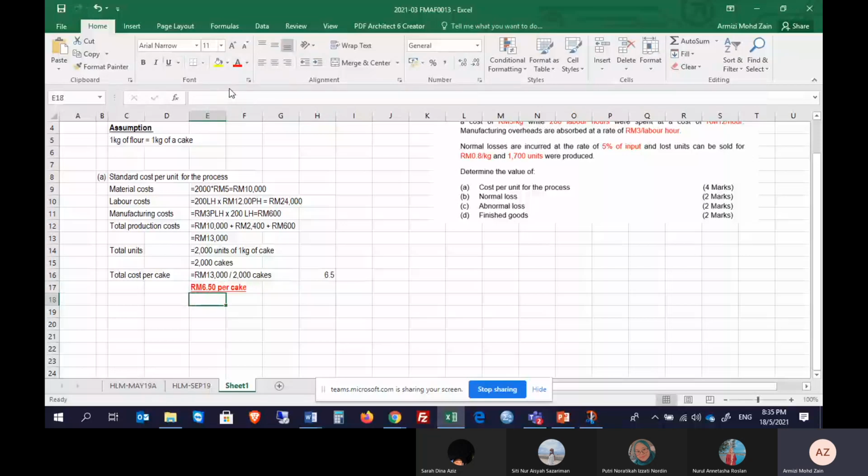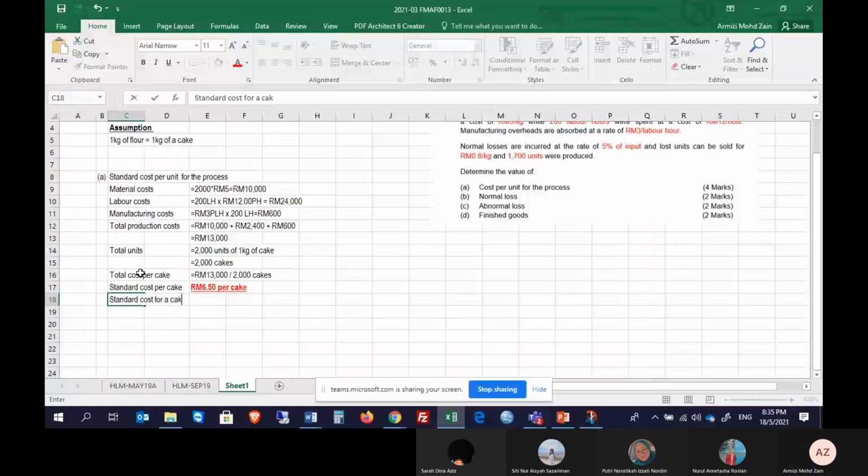Okay, this is the standard cost. So you boleh tulis sini standard cost per kit, pun you boleh tulis sini standard cost for one kit.